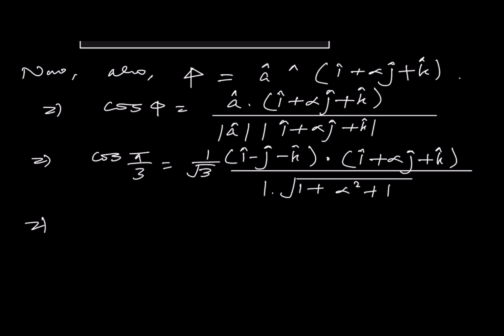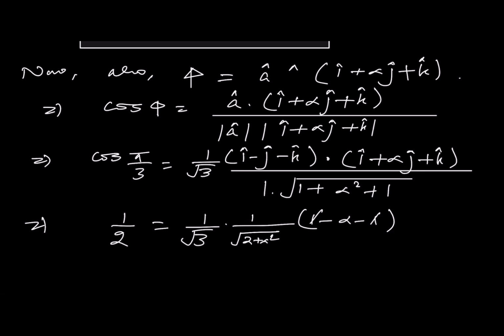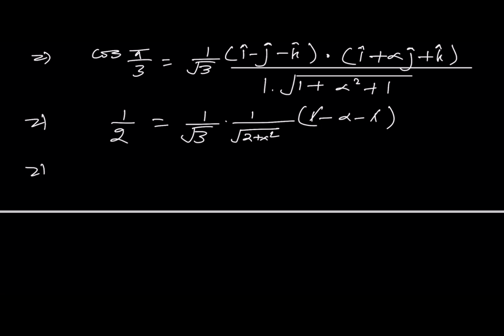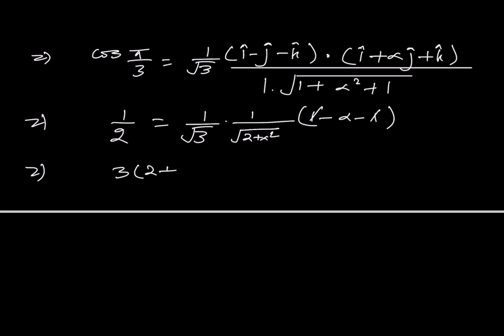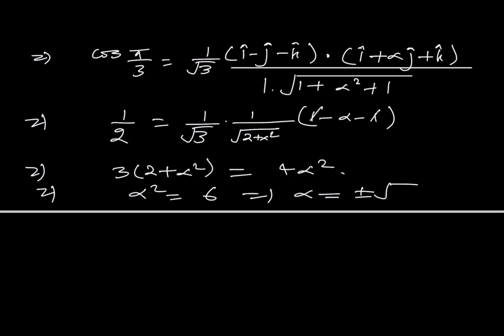So cos pi by 3, which is 1 by 2, is equal to 1 by root 3 into 1 by root over 2 plus alpha square times 1 minus alpha minus 1, right? So if I square both sides, then it will be 3 times 2 plus alpha square is equal to 4 alpha square, right? So alpha square is equal to 6, which implies alpha is equal to plus minus root 6.